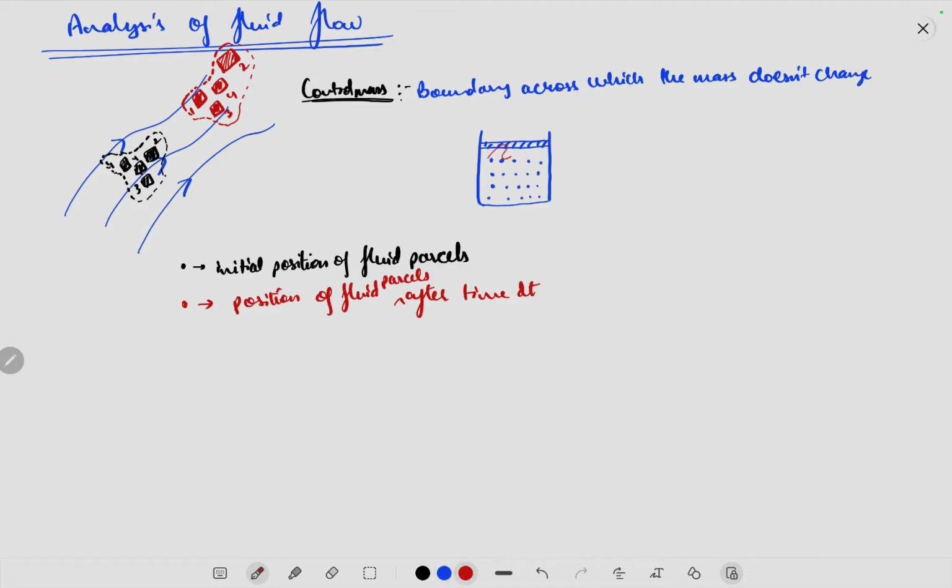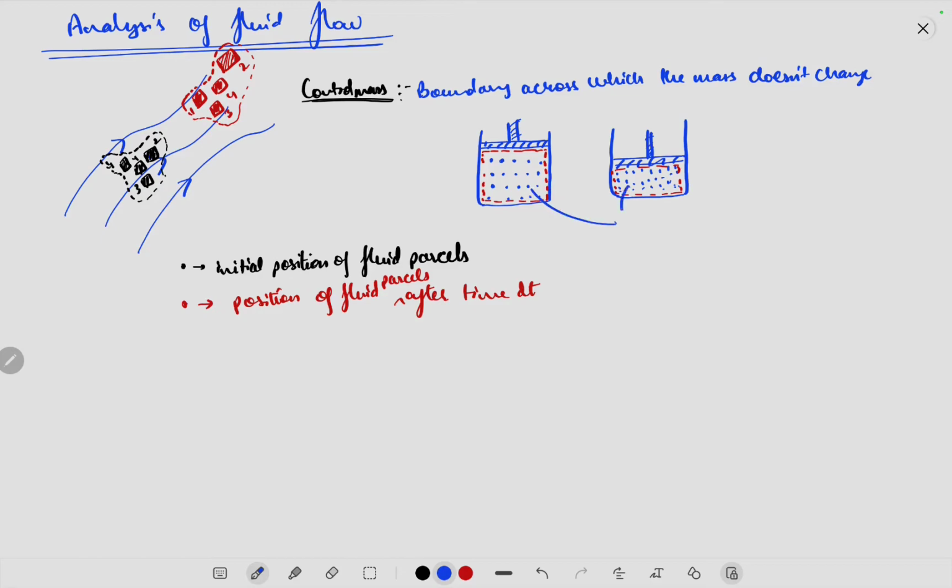This boundary was the control mass. This is a piston, so even if the piston is pushed inside like this, the density would increase, but this is your control mass.